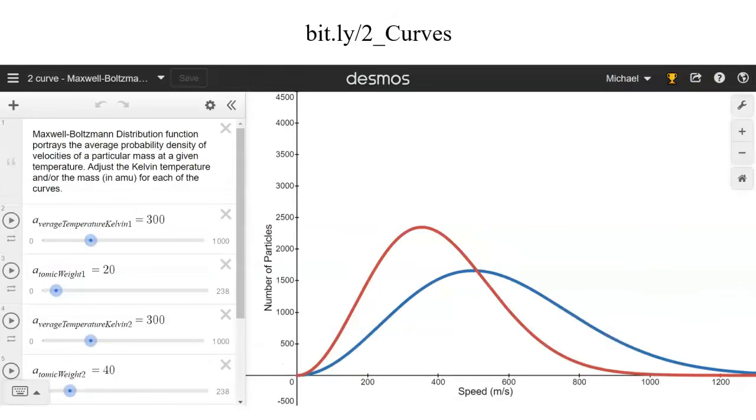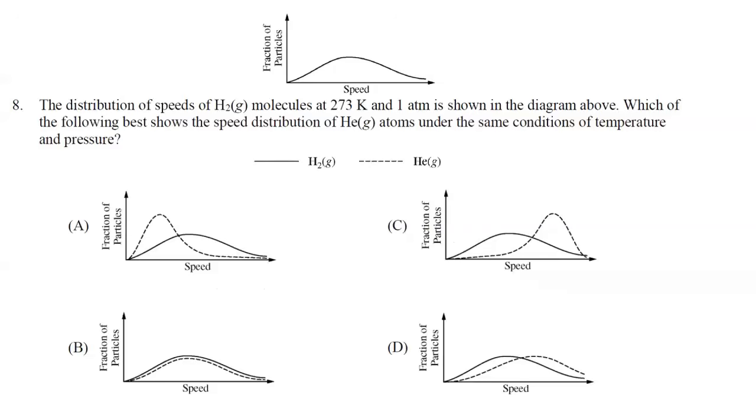So if we look on the periodic table and compare the molar mass of hydrogen, H2, with the molar mass of helium, we discover that the molar mass of H2 would be 2 grams per mole, and the molar mass of helium is 4 grams per mole. So for hydrogen, those particles are going to be traveling at a faster average speed because there's less mass.